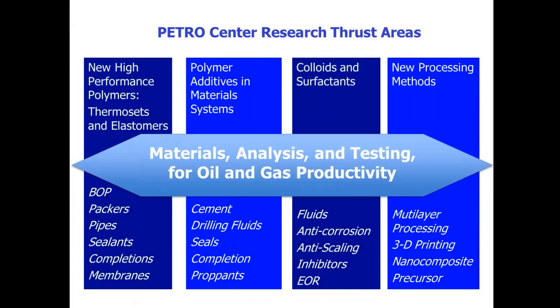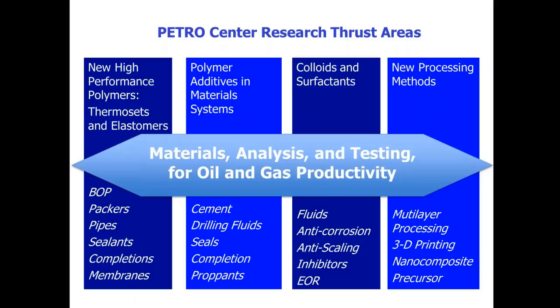That means that in the area of polymers, one can go from thermosets to elastomers to different types of additives that go into the produced oil or water or gas. This also involves investigating the optimization of colloids and surfactants for emulsification, demulsification, different types of corrosion and scaling additives, as well as for enhanced oil recovery.